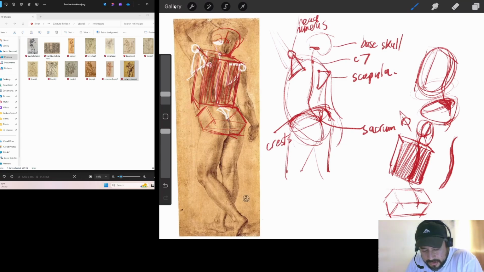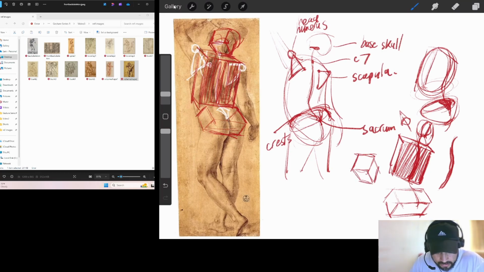The head here, if it was a cube, it appears to be looking down, and it would be like this. So get into the habit or into a practice of representing the head, the rib cage, and the pelvis as boxy shapes, egg shapes and boxy shapes.